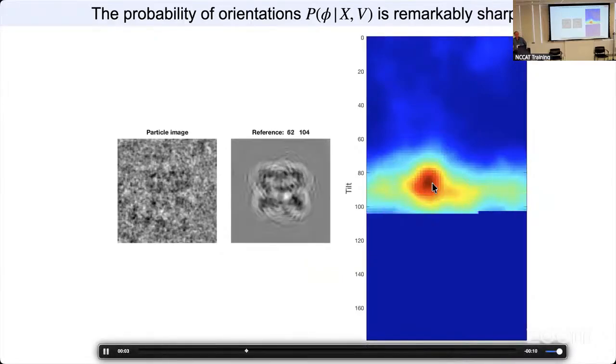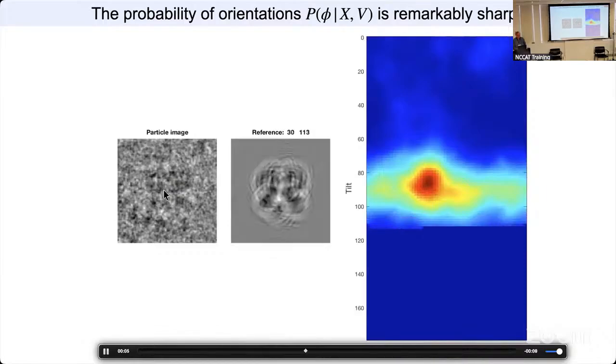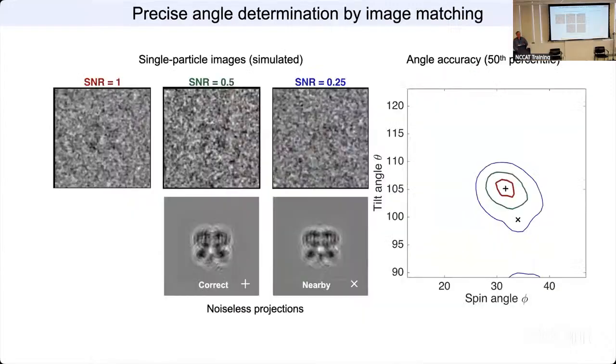It's within a couple degrees, even though the original image looks terrible. This is really amazing to me. It says that by this kind of projection matching, you can actually get a pretty good estimate of the orientation of the original object.